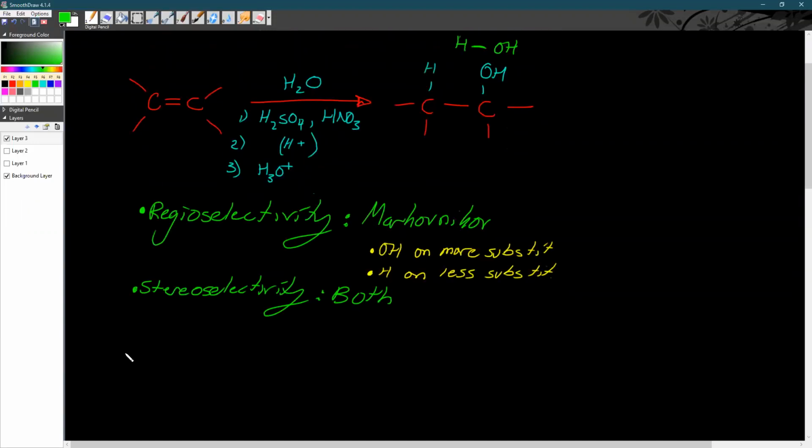Now you might be guessing, well, why is the stereoselectivity not hindered? And once again, we see that the mechanism is a carbocation intermediate. The product here is just a regular old alcohol.